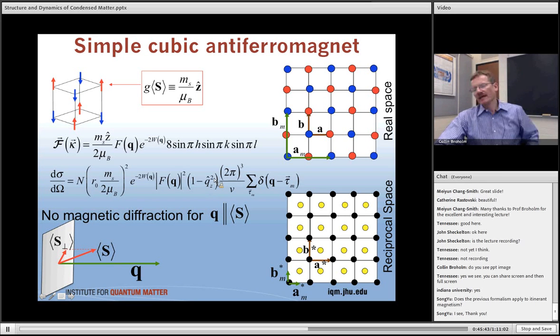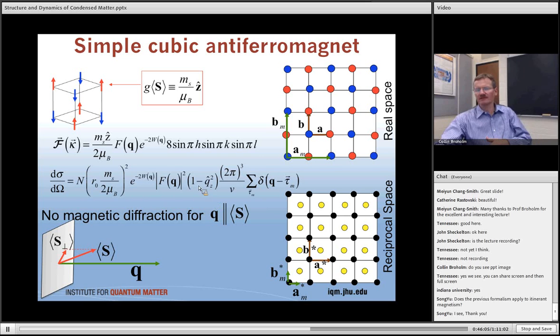And so you can see that if the wave vector transfer is really along the z direction, then this parentheses will go away. And so this is telling me, as I mentioned previously, that when the spin density is along momentum transfer, there's no magnetic scattering at all. So all of the diffraction will simply go away when that happens.